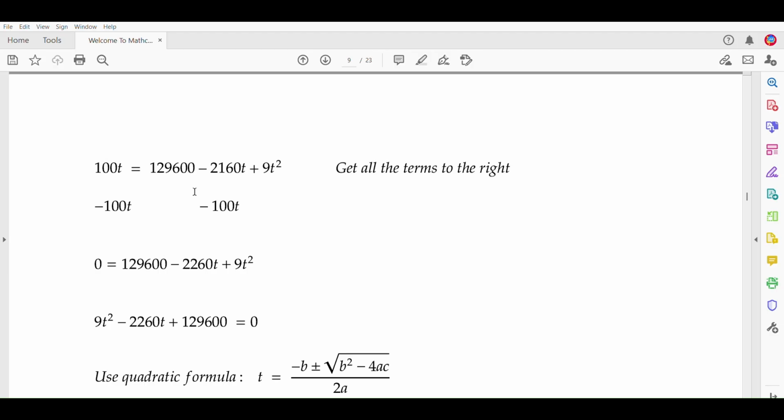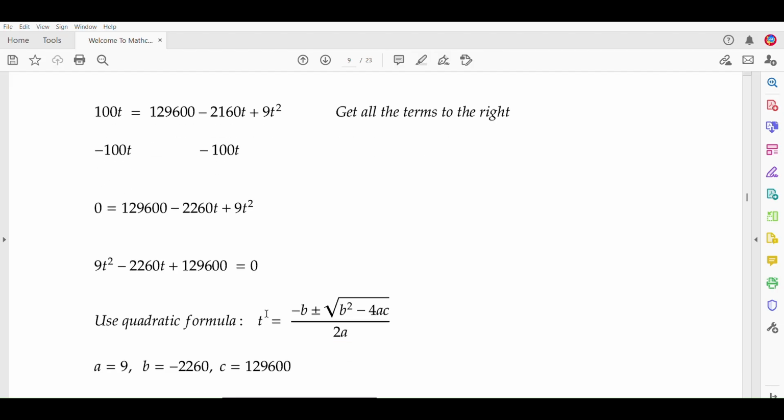I have rewritten this equation with my expression in t on the left and 0 on the right just for readability. It is the same expression, with 9t squared first, the t term second, and the constant term third. Notice the signs: only the middle term is negative. The other two are positive, and 0 is on the other side.